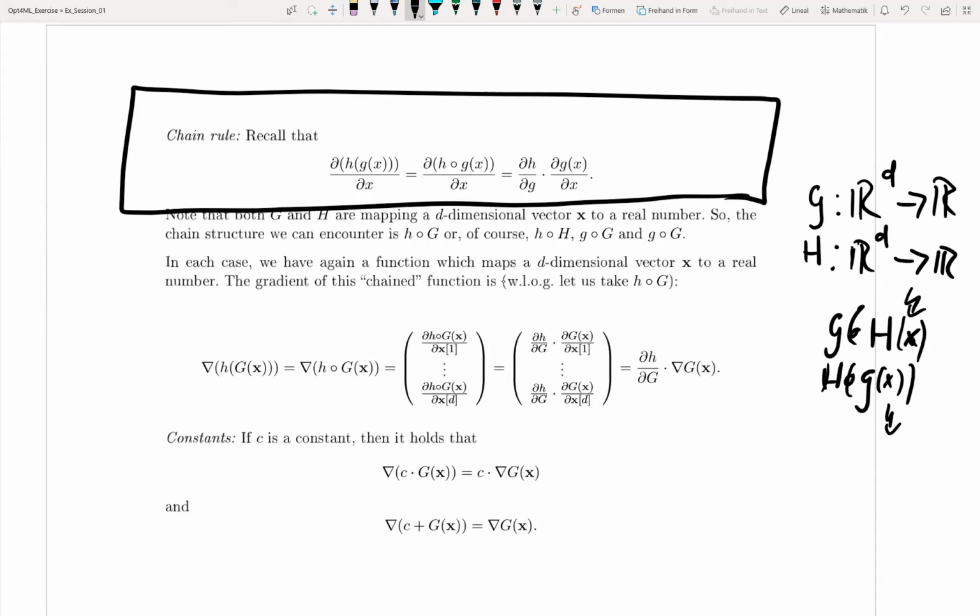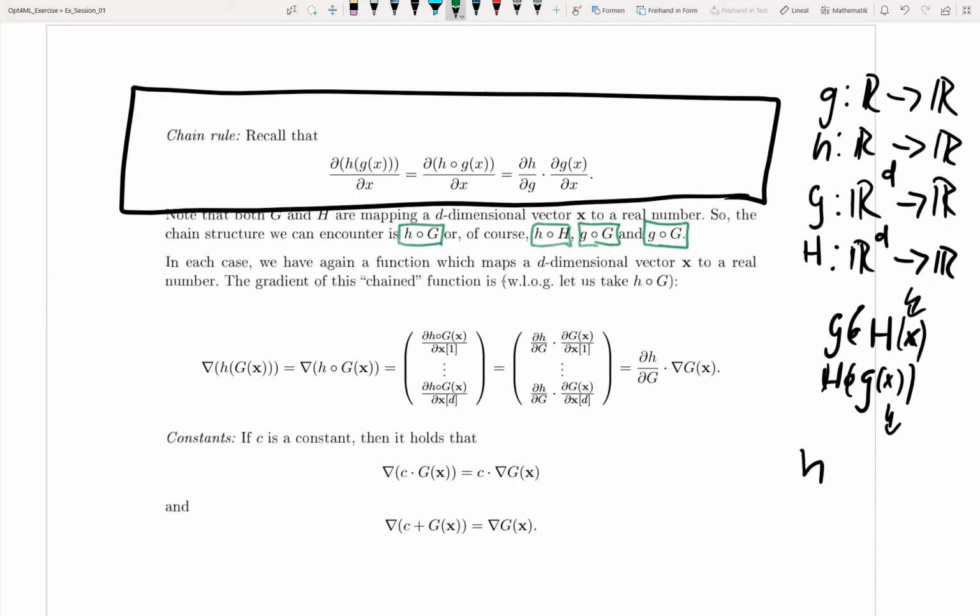But what we can do is instead do the following. So we could look at the composition of lowercase h with capital G, or also the other combinations, because this will be well defined. G is mapping a d-dimensional vector to a real-valued number, h is mapping a real-valued number to a real-valued number, so h of G of x is perfectly defined.